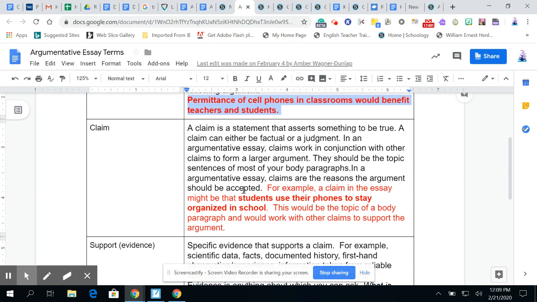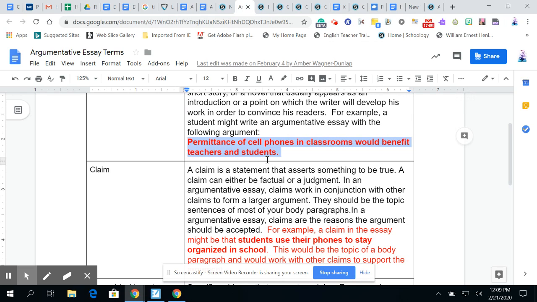So the claim is a reason that the argument is true. So I'm going to provide a number of different claims, and each claim will be its own body paragraph.